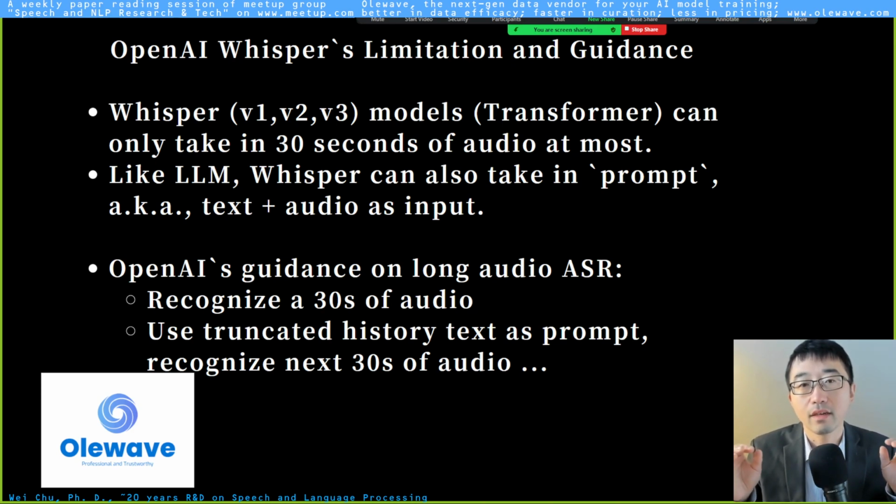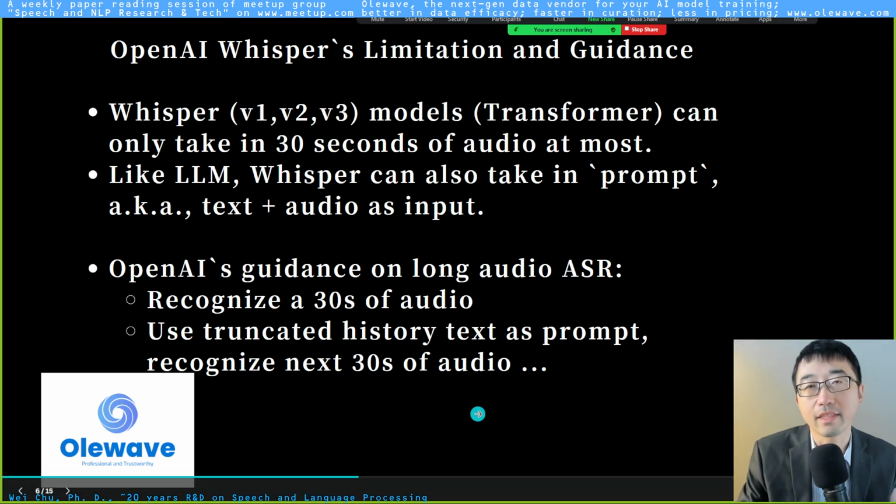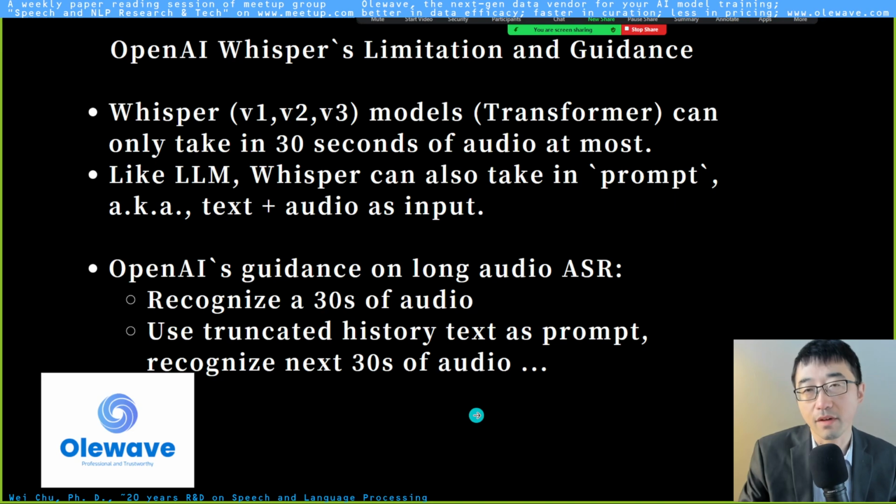You send them into the Whisper model, recognize another 30 seconds, and get another prompt. Then you keep feeding the previous prompts, or history of recognized text, into the Whisper model. This way you always keep the audio input under 30 seconds, but you maintain a recognition history, so the recognition is always contextualized.